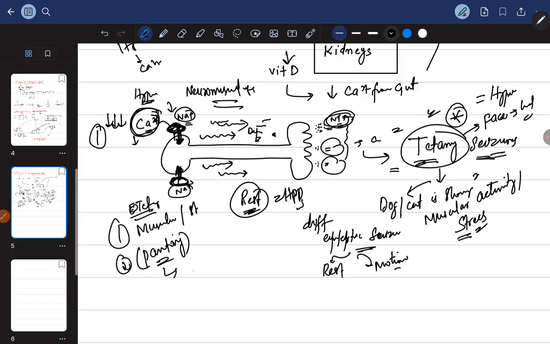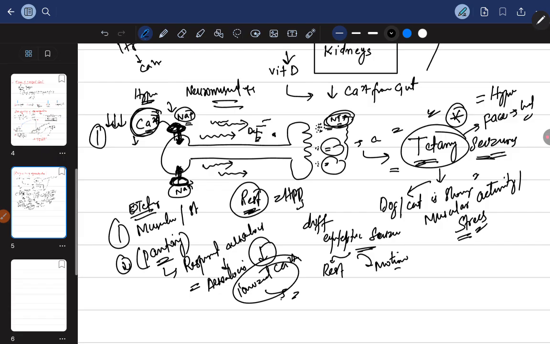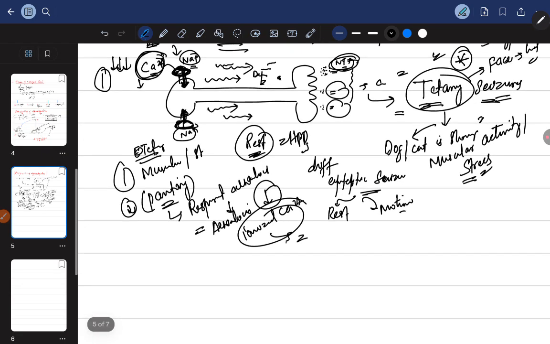Because panting leads to respiratory alkalosis. Whenever there is alkalosis, there will be decreased ionized calcium, so that will further modulate these tetanic seizures. So these things you have to remember.